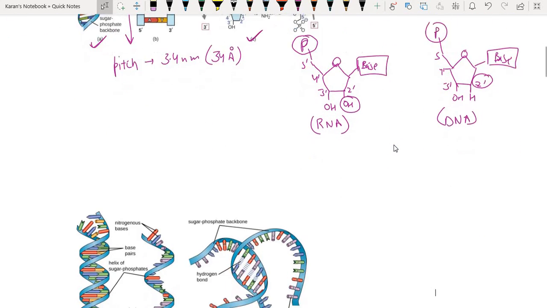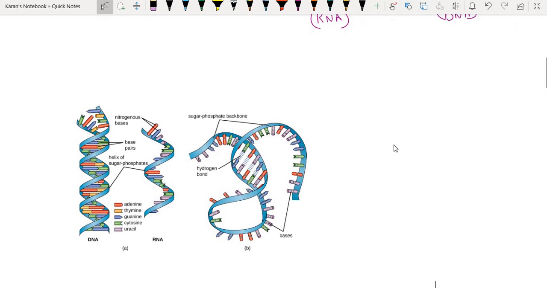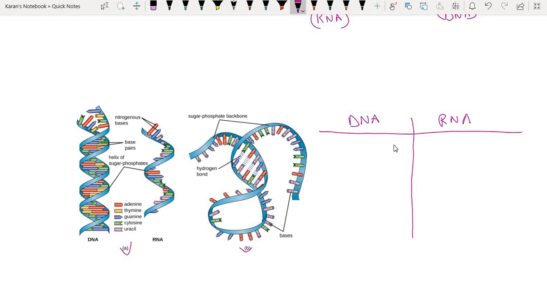Then in the next diagram, in the A part, you can see the major differences between DNA and RNA. Let me sum it up here. DNA versus RNA.